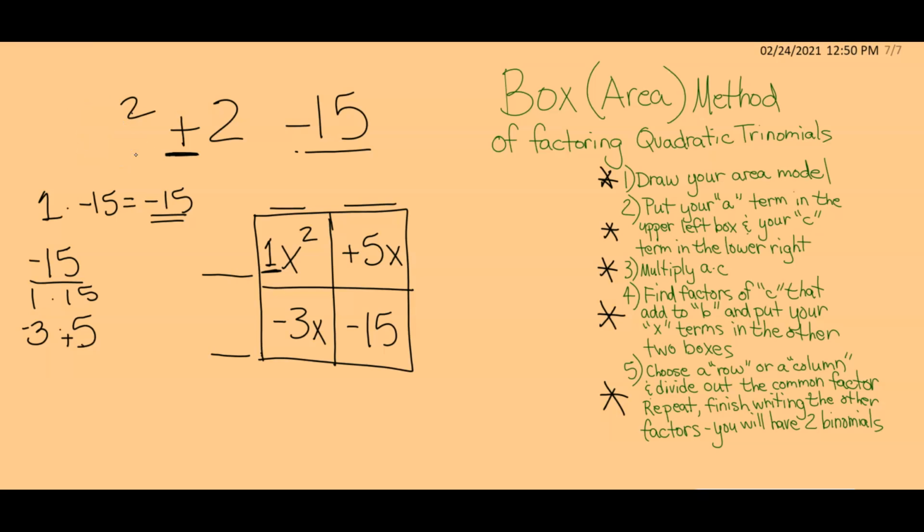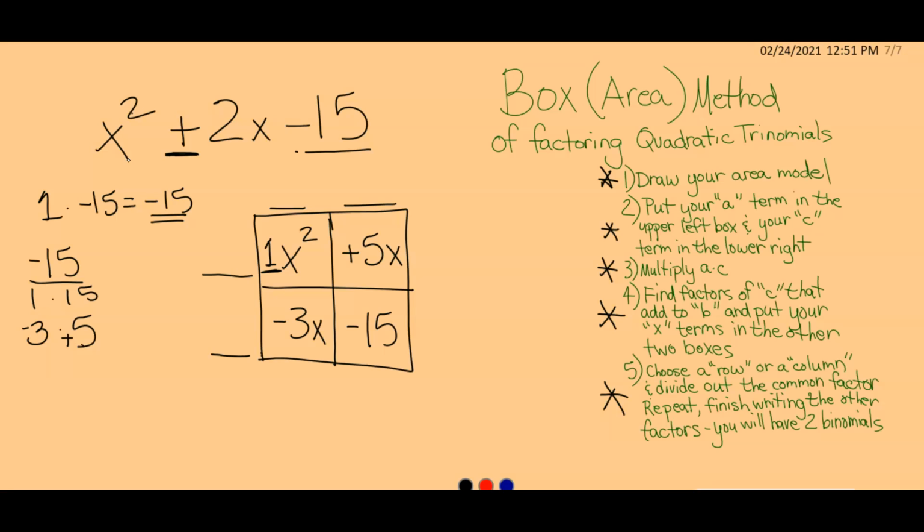Sorry about that. You can end up with all kinds of different letters, but we should stick to X. So now to finish, you go across a row or down a column. It doesn't matter. I'm going to go across a row.